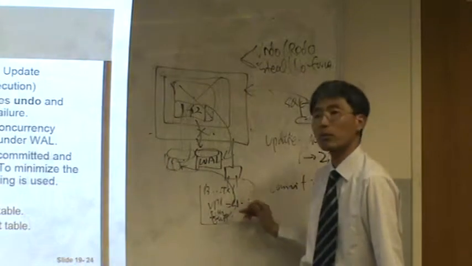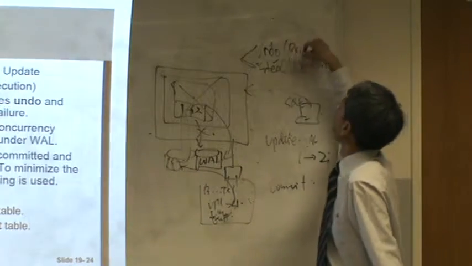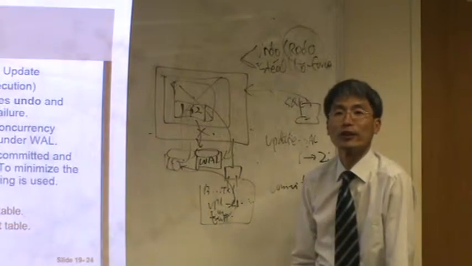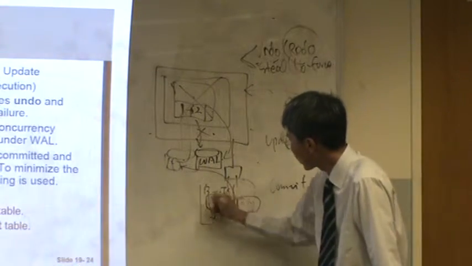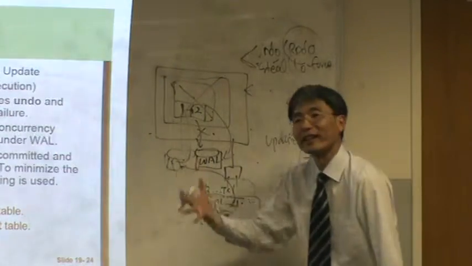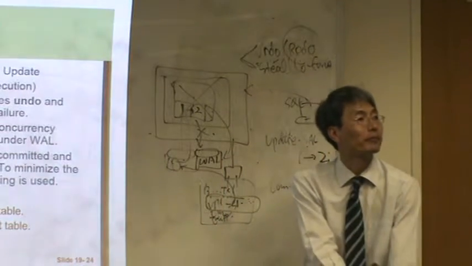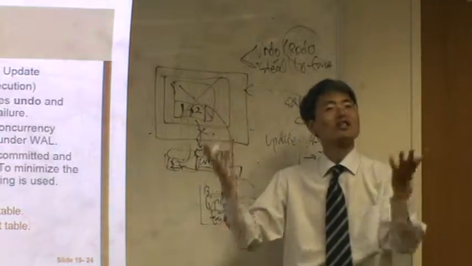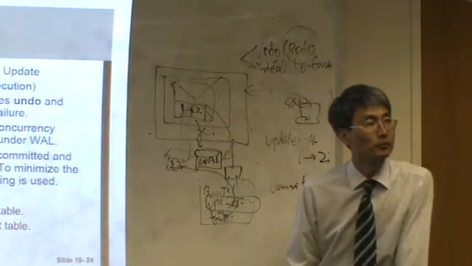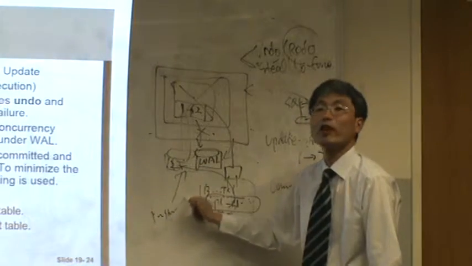This is 1, but supposed to be 2. Then you need to do a redo operation. Then you can execute this command again and commit. That is recovery. Then this one will be 2, and the system will start up successfully. This is called instance recovery.